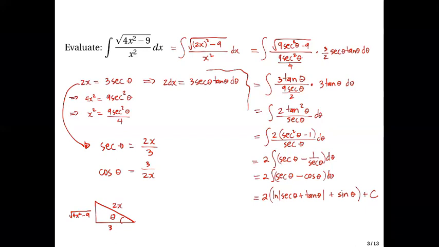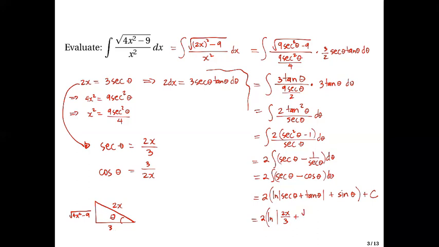And therefore, this integral now becomes 2 times ln, absolute value. Secant theta is this guy, so you have 2x over 3 plus tangent theta, opposite over the adjacent.